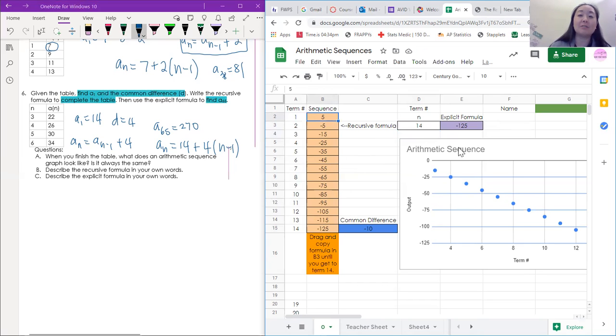What if I change this common difference to like 2 instead? It won't change this automatically. I tried doing that and it doesn't work out very well because you're dragging things down. As soon as it's just one formula it works, but this drag down thing doesn't work like that. A recursive formula doesn't like stuff like that.